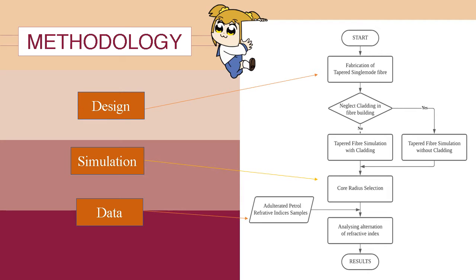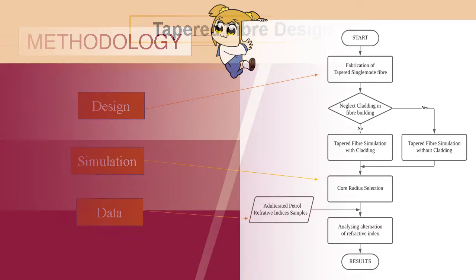So we can see from the right-hand side here is my flowchart of the process, in which we will fabricate the fiber first and then come to some conditions, so simulate in different core radius and compare with the adulterated petrol refractive indices sample to get the result at the end. So let's go deeper inside this process.